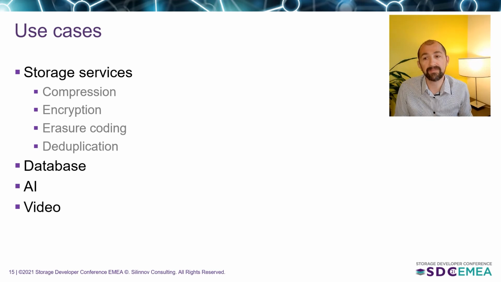Another target is database, AI, and video applications, as we saw with different examples. For AI, we are mainly talking about inference, since AI training is still recommended to be done on very huge GPUs or specific chips.